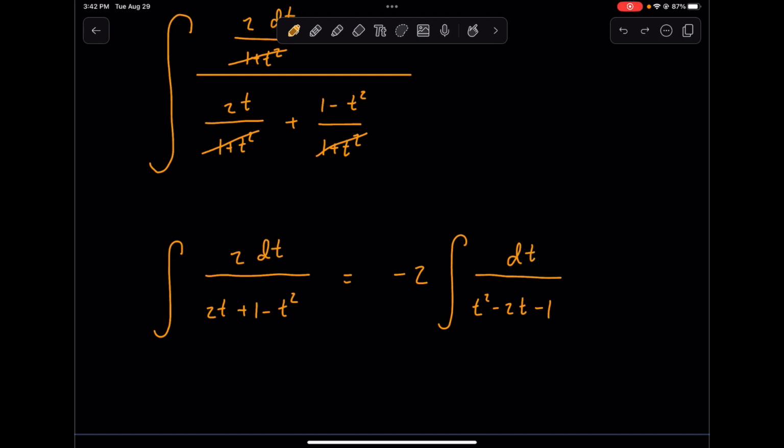Hopefully your teacher will never actually have you integrate this after this point. Hopefully they'll just have a multiple choice answer that looks like this. But from this point, you would do partial fraction decomposition, and you have a lot of hard numbers, and at the very end, you would substitute in tangent of x over 2 for your t's.